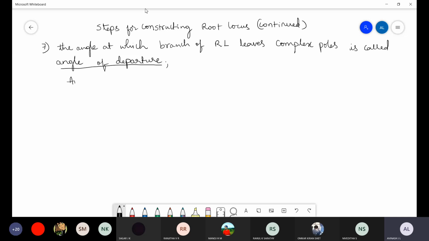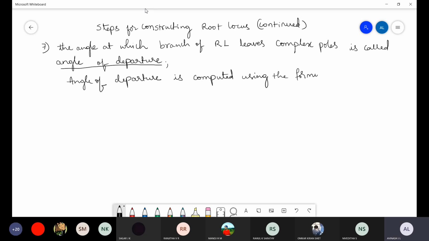You can write this equation: the angle of departure is computed using the formula.